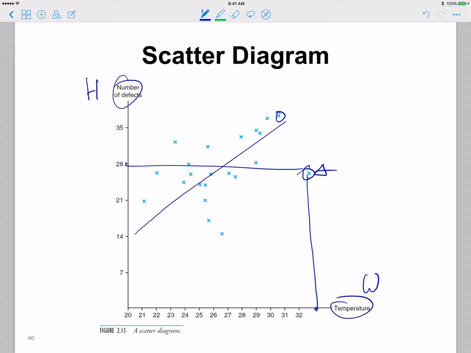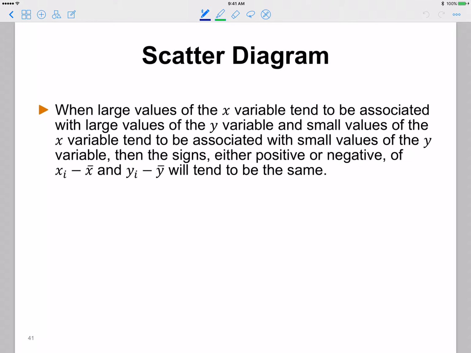Here we are mainly interested in their trends. Roughly, they are increasing together, which means if one variable gets larger, the other variable also gets larger. So we are interested in knowing this type of data set. And this is called a scatter diagram or scatter plot.